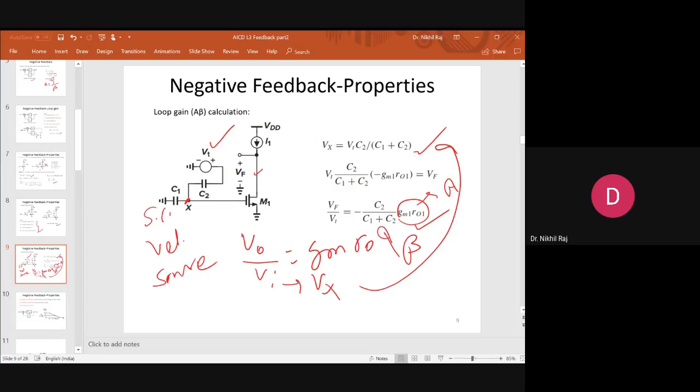Now the thing to remember here is we are calculating the gain separately, and then we are substituting the gain and calculating beta. So in all these calculations we are neglecting the loading effect. An amplifier is giving some gain A, and when I attach feedback, any passive component will definitely bring some loading.